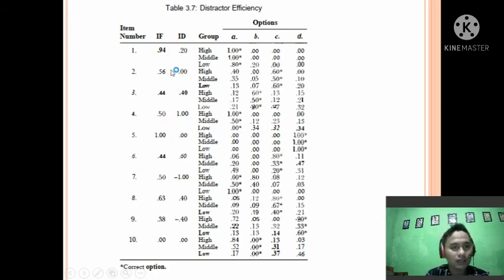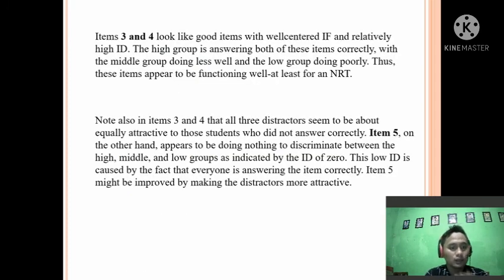The item facility is 64, the discrimination is 0, so it's not high. Note also in items 3 and 4 that the 3 distractors are the same. Okay, so between item facility and item discrimination they must be in sync, to be fairly attractive.